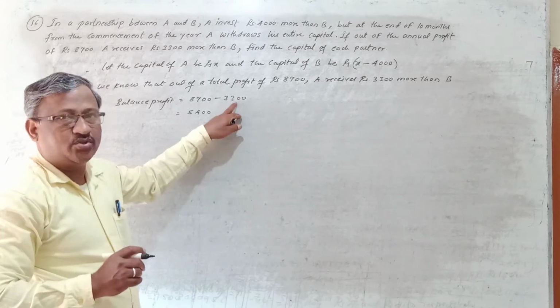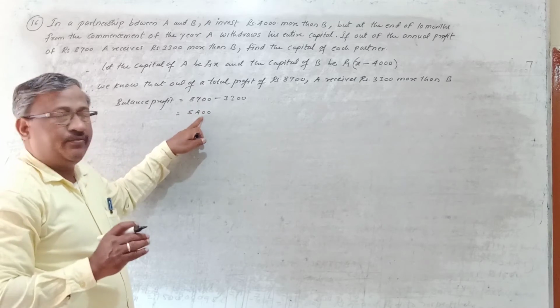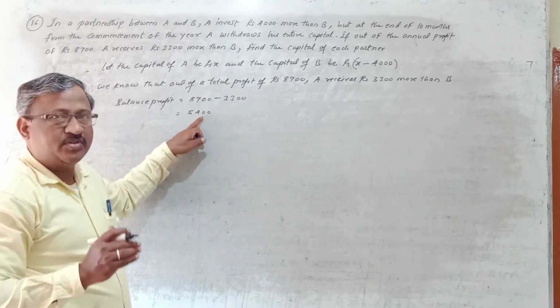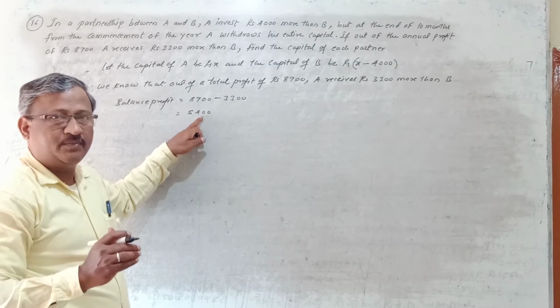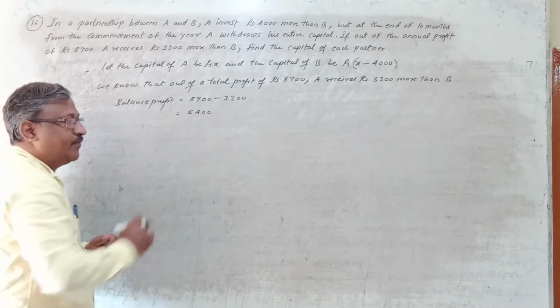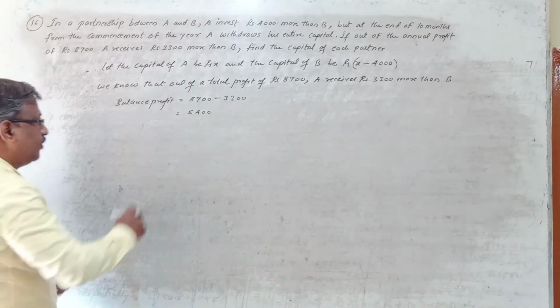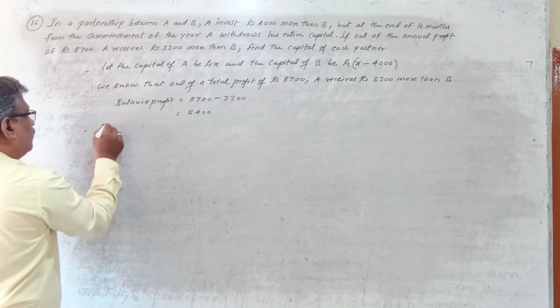Whatever excess share A has got, minus that from the total profit, and you get 5,400 rupees balance profit. So now what you have to do? This balance profit will be distributed between A and B equally, in 1:1 ratio.